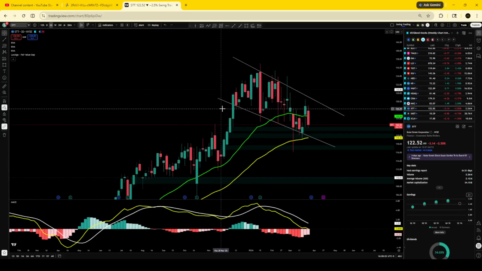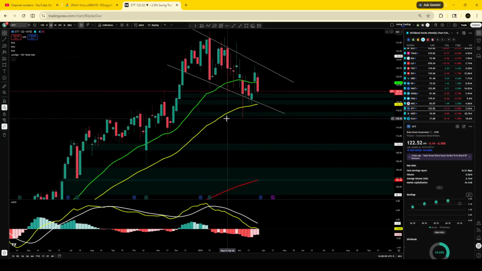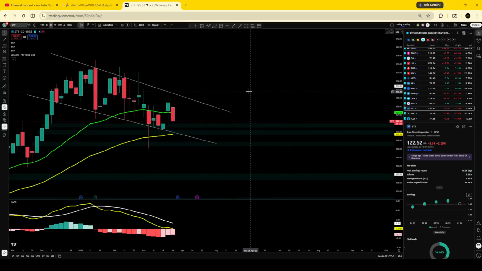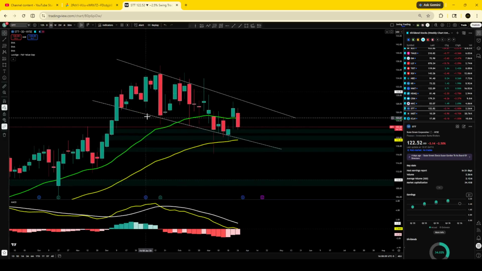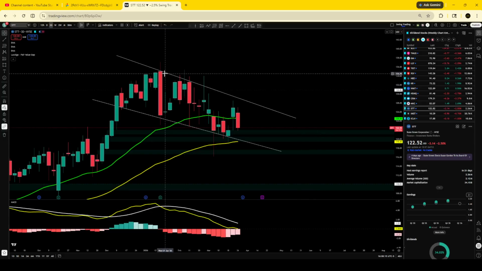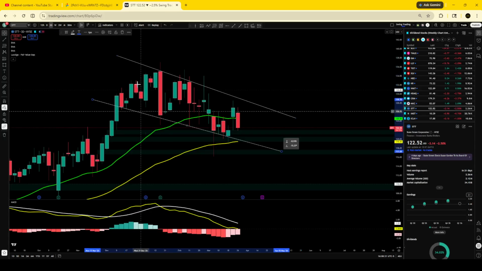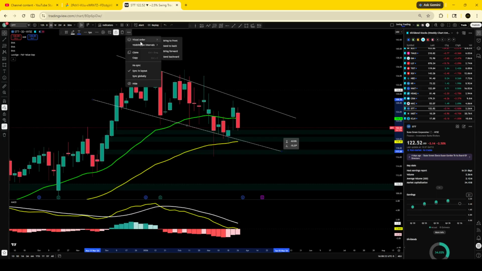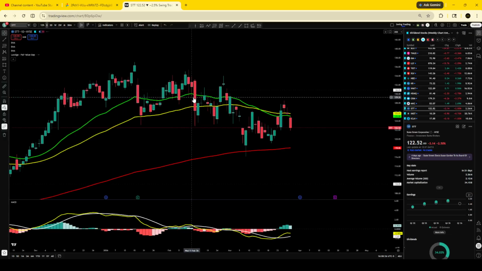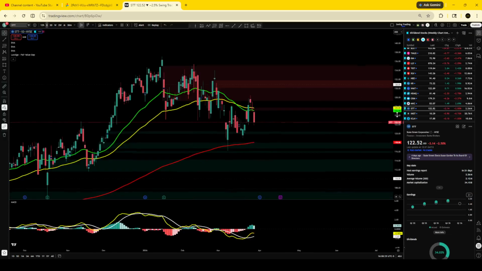So we have a falling wedge, or some might call this a flag, or just a regular channel. So it's still not done. So of course I'm locking it. Current interval only. Now go to the daily.